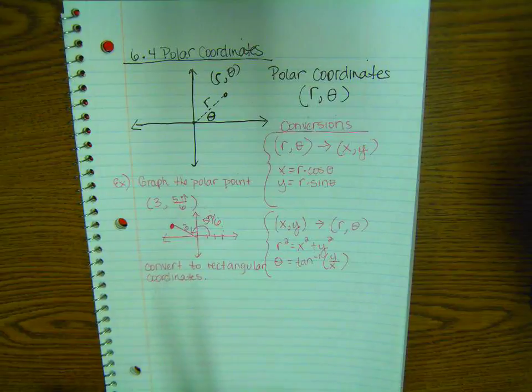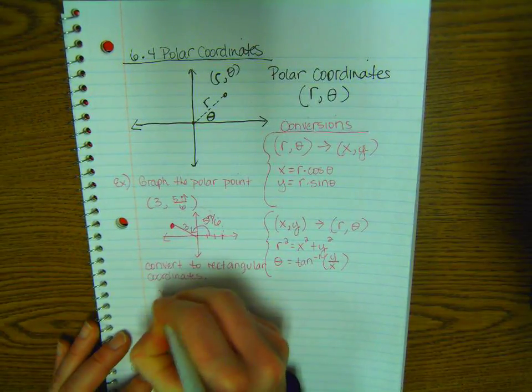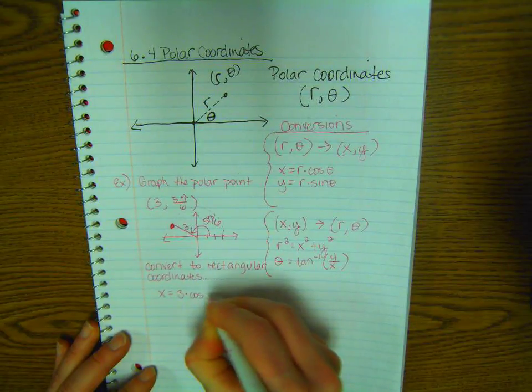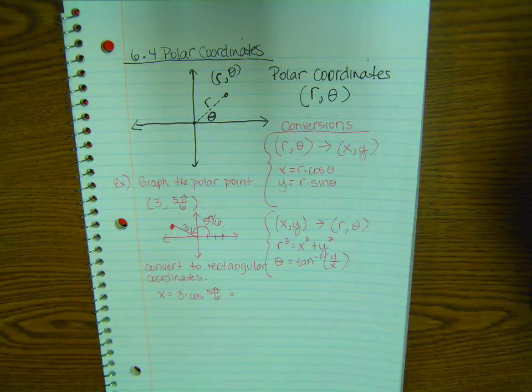So, to find x, I would take 3 times the cosine of 5 pi 6. Okay, let's think. Unit circle. What's the cosine of 5 pi 6?